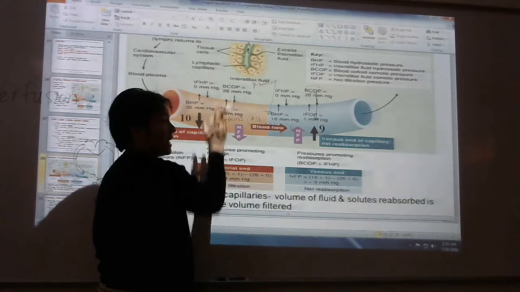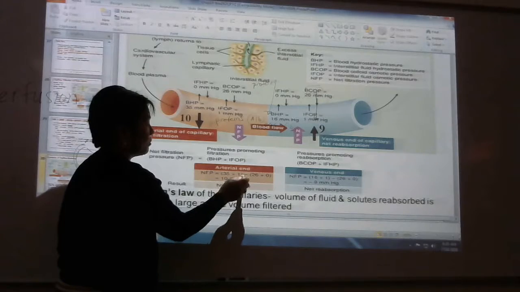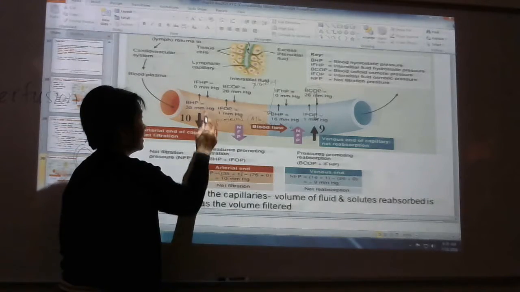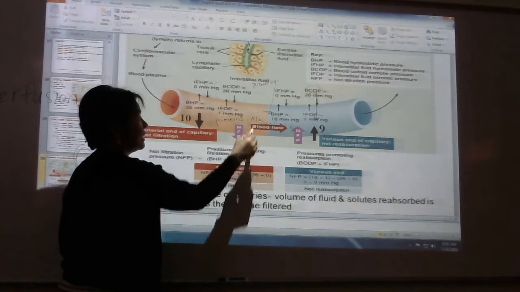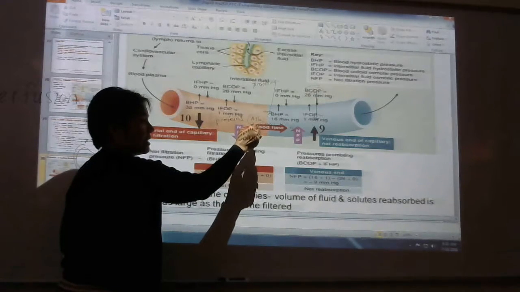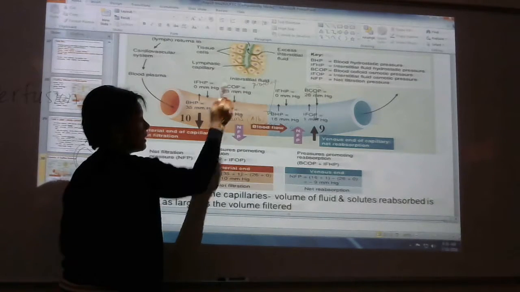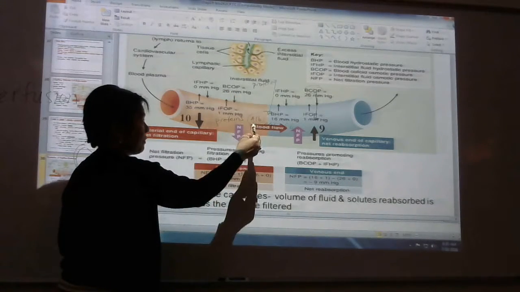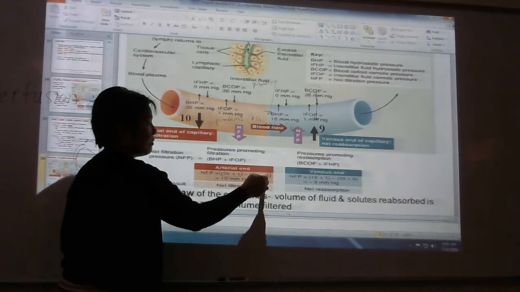It's opposing the hydrostatic pressure. So you see, 35 plus 1, that's the forces pushing the fluid out minus the pull of the albumin. The pull of the albumin is called blood colloid osmotic pressure. Colloid is for protein, so it's pulling 26 plus, what's this zero?